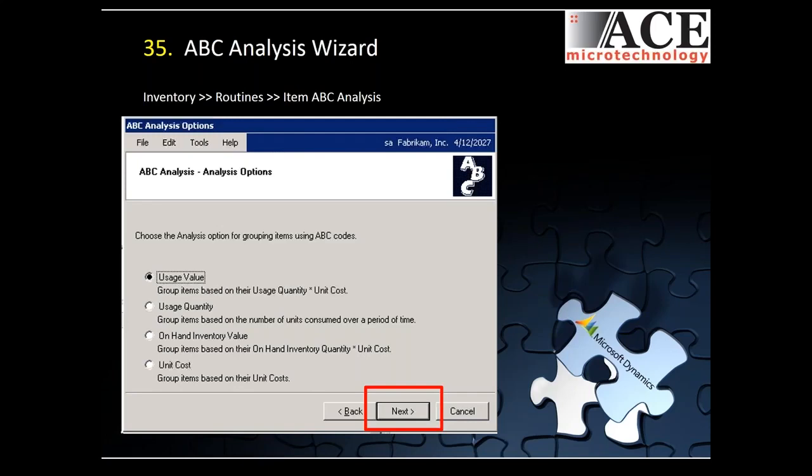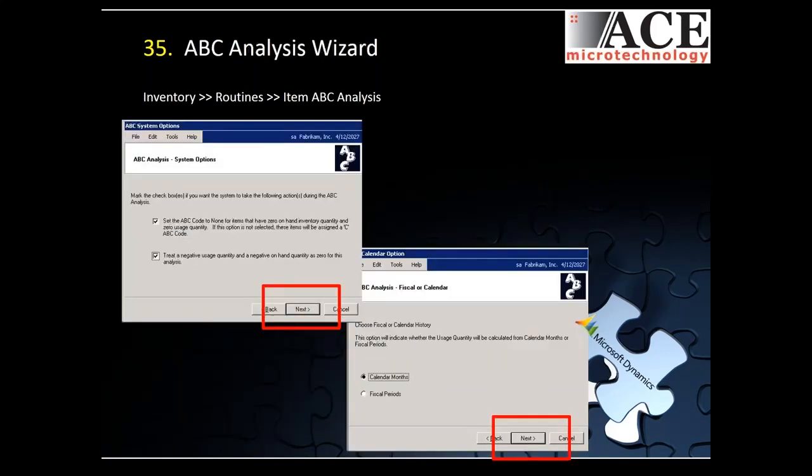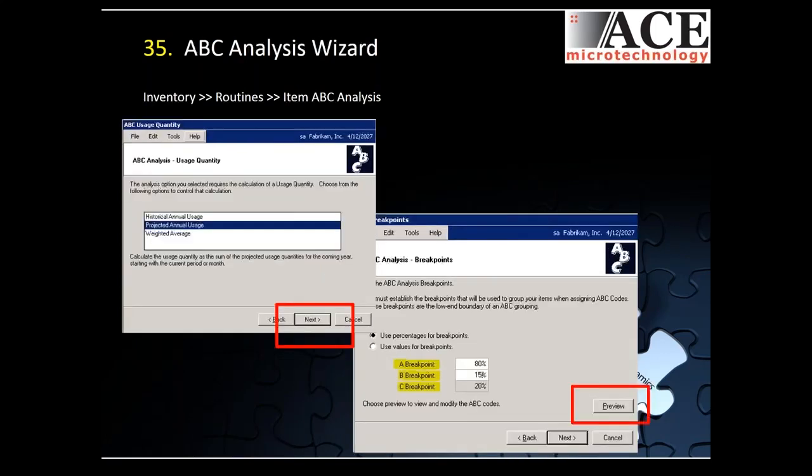And you can run this as many times as you want so that you can continue to tweak and adjust where these items sit. So you're going to be processing through this wizard, answering some questions as to how GP wants to calculate this. And at the end of this process, you're going to click the preview button.